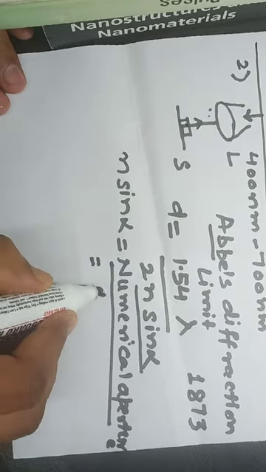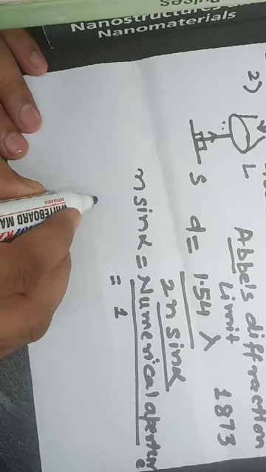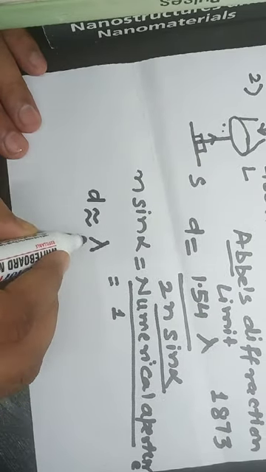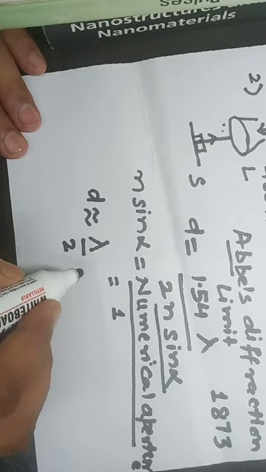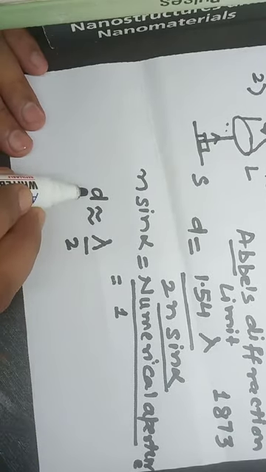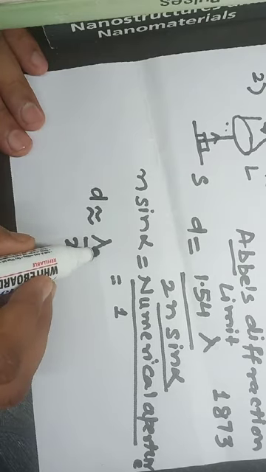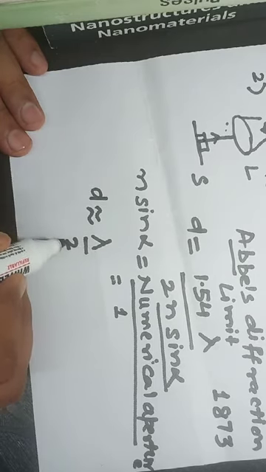Then approximately d would be equal to lambda by 2. What does it mean? In this case the resolution of the optical microscope is the wavelength divided by 2.